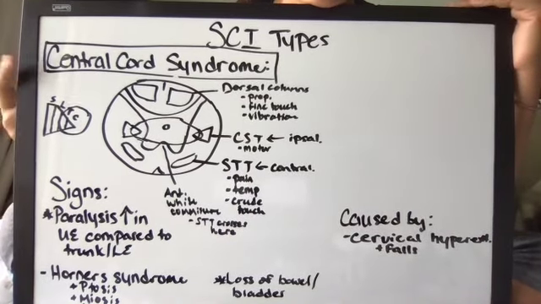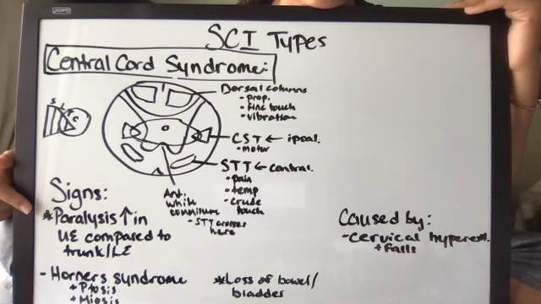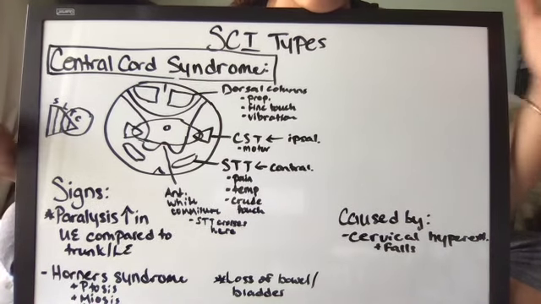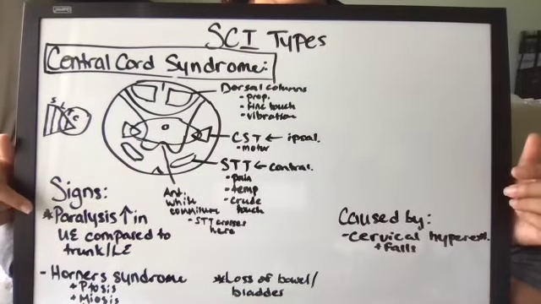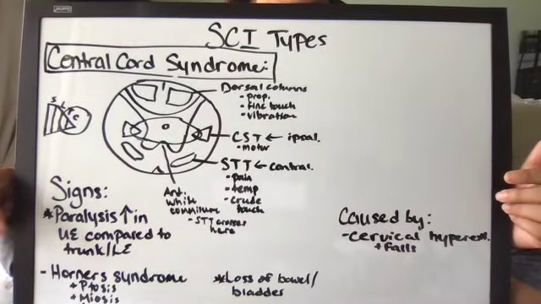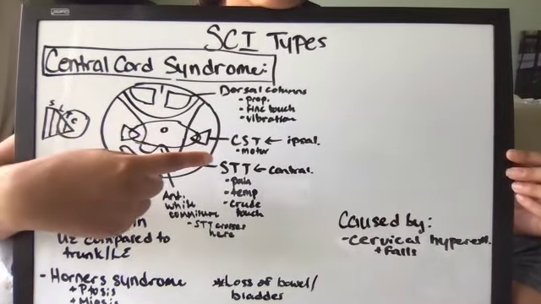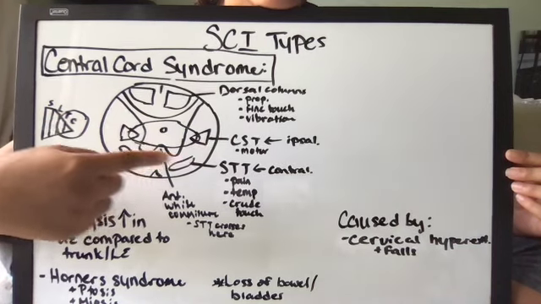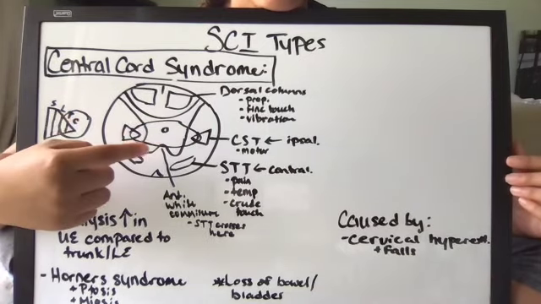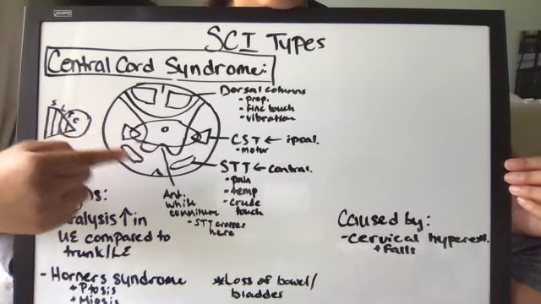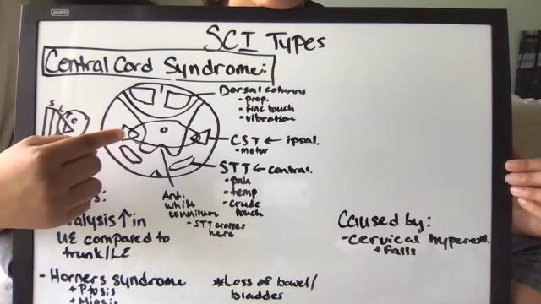With a central cord syndrome injury, you're going to see paralysis that is greater in the upper extremities, being the hands and arms, compared to the lower extremities and the trunk. Why? This little circle here is my central cord injury area. Notice how typically with central cord injuries, it extends slightly into the corticospinal tract.